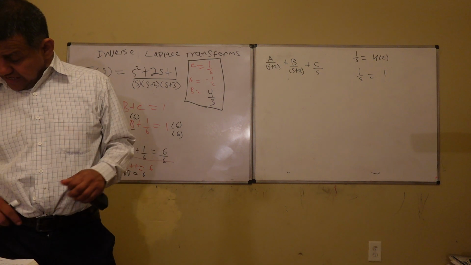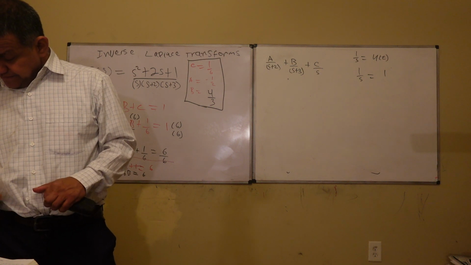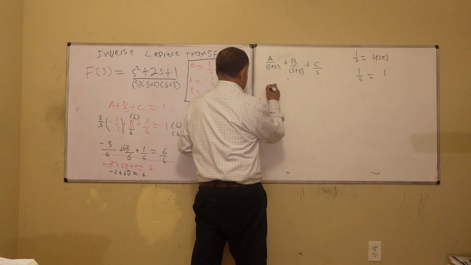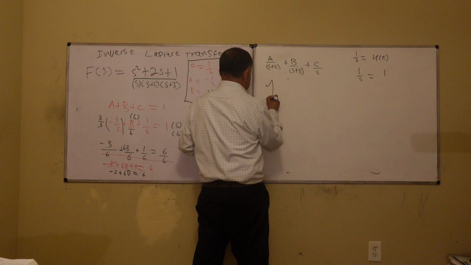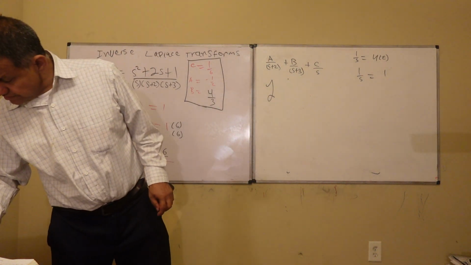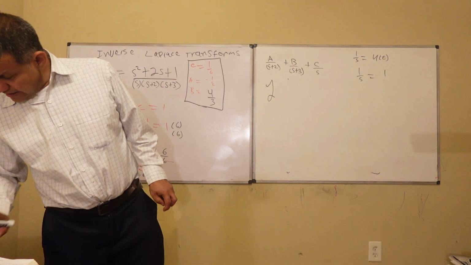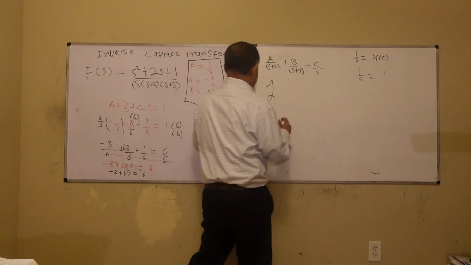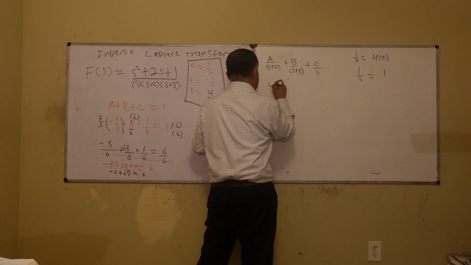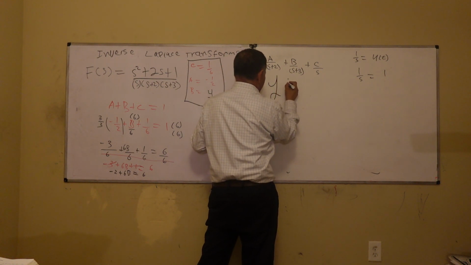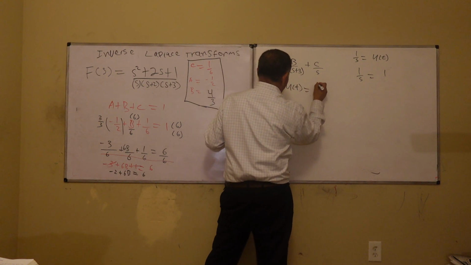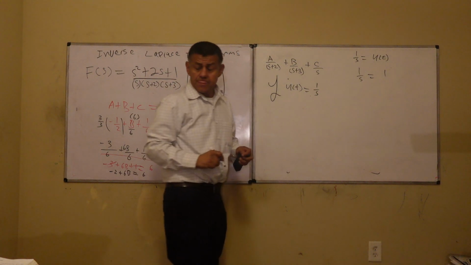So from the table we can determine that the Laplace transform of u of t is equal to 1 over s, right?